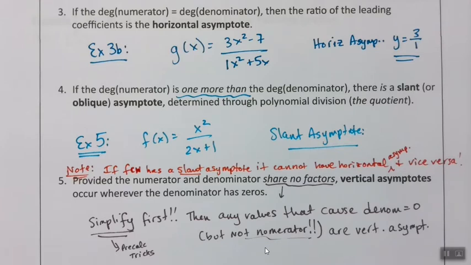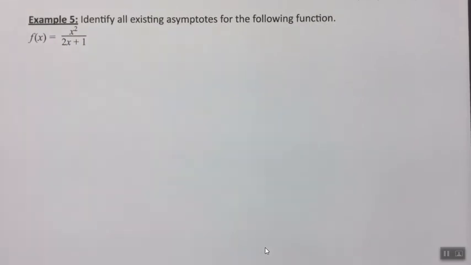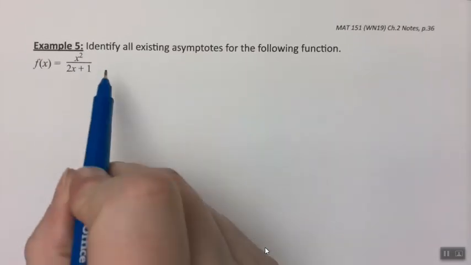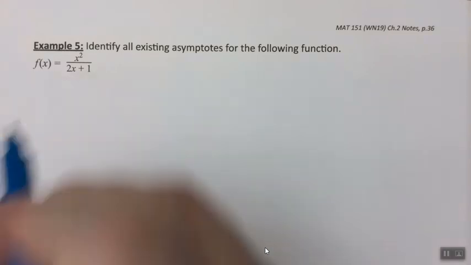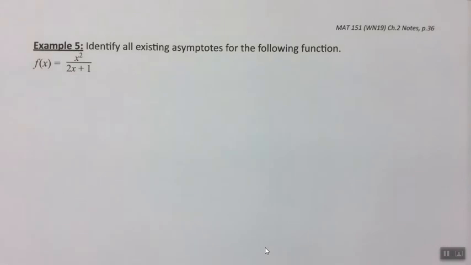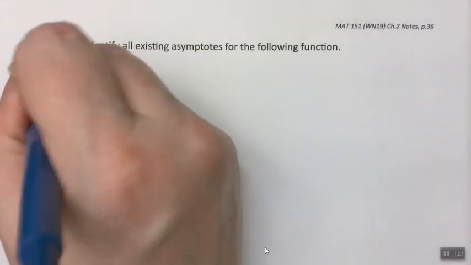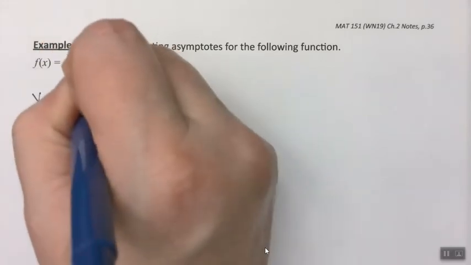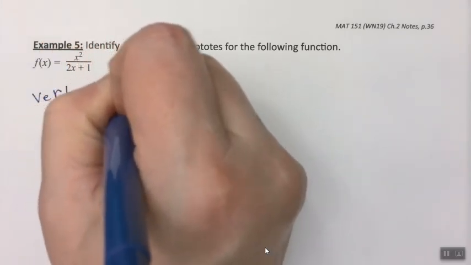Done. So when we look at our next example, it's going to have a slant asymptote, because we can tell the degree of the numerator is 1 larger than the degree of the denominator. So I know I'm going to have a slant asymptote, and I also know I'm going to have a vertical asymptote. So let's find the vertical asymptote first, because it should be relatively easy as long as I don't mess up like I did on the last problem.